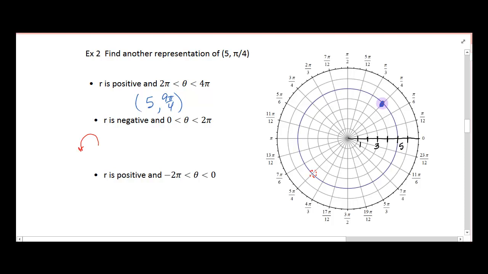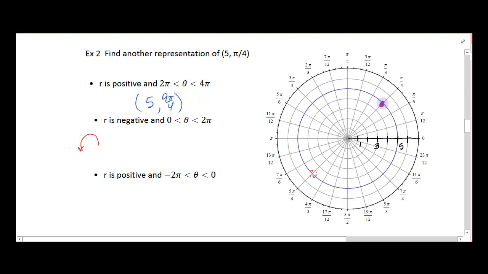So the idea for this is that I'm first going to rotate theta, it looks to me like 180 degrees, or pi radians, away from my original point. And then because I need a negative r, I'm going to shoot back in the opposite direction of where my theta was, and I land right back on the original point.